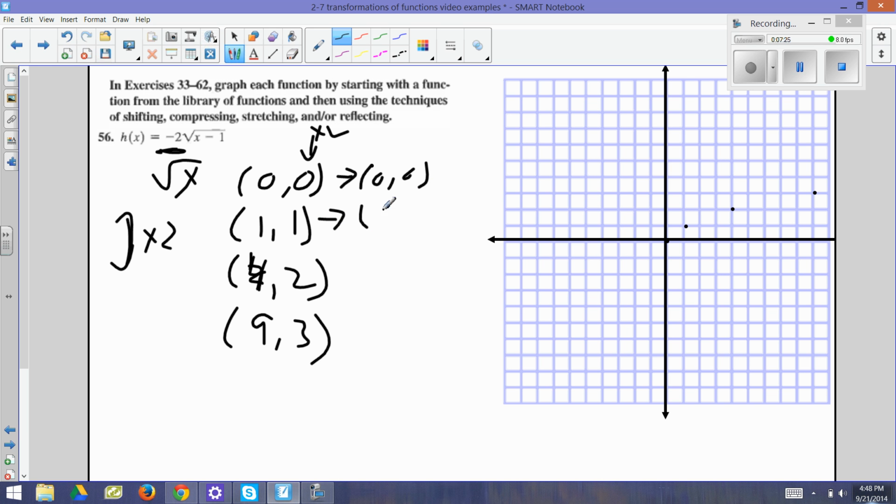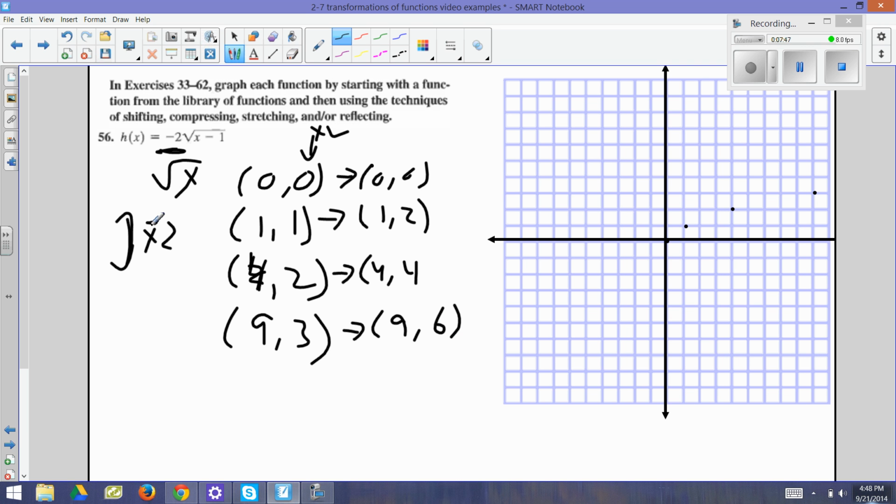For this one, x stays the same, and y changes by a factor of 2. Same for this point: the 9 stays the same, y changes by a factor of 2. So that's what the 2 does.